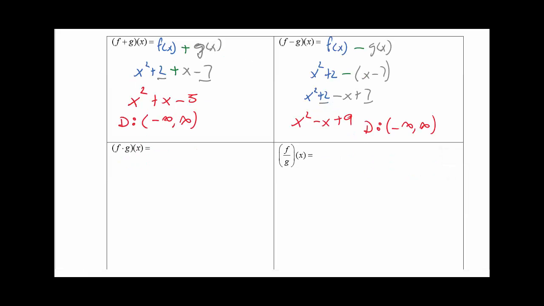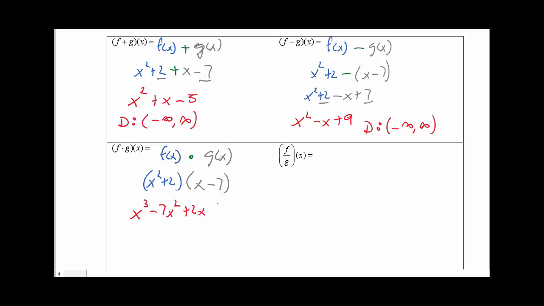All right, f times g, so I want to take the product of the two functions. Okay, so I want x squared plus 2, and I want to multiply that by the x minus 7. And so here we're going to want to distribute that. So we get x cubed minus 7x squared plus 2x minus 14.